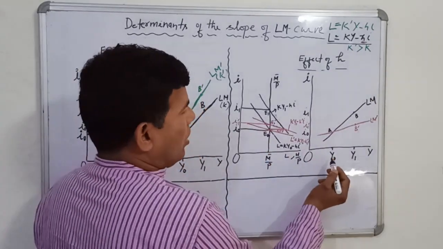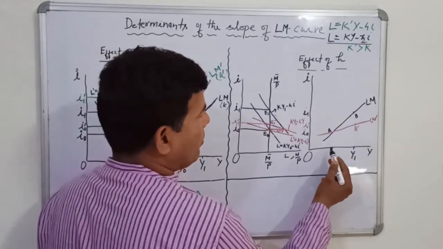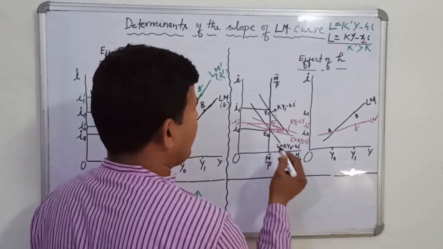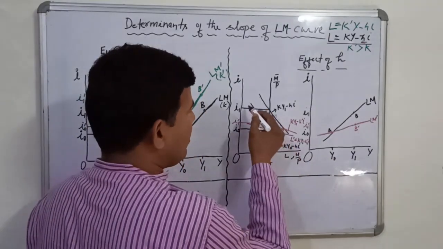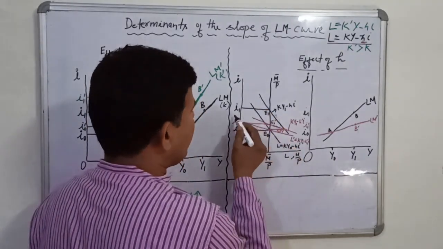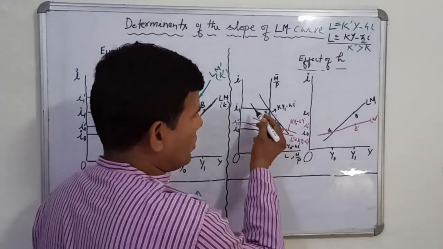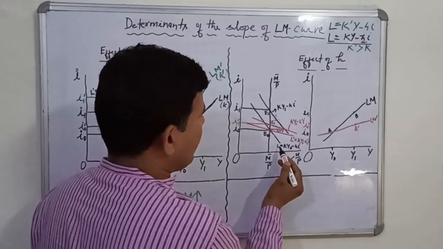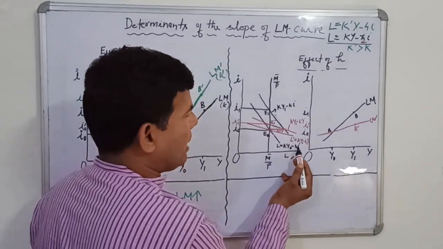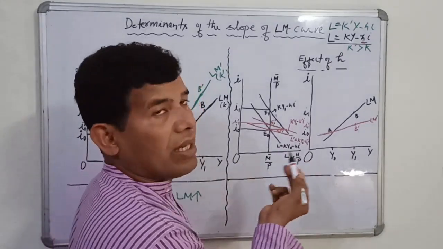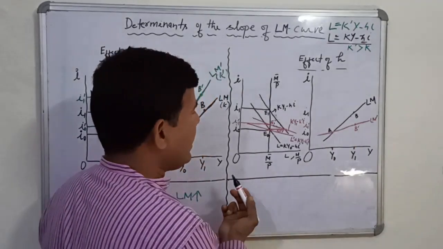So for this Y0 equilibrium level of income, this black line shows the relationship between interest rate and money demand, and it is downward sloping. So we get the money demand line L equals Ky0 minus Hi. This is the way we derived the initial LM curve, right?